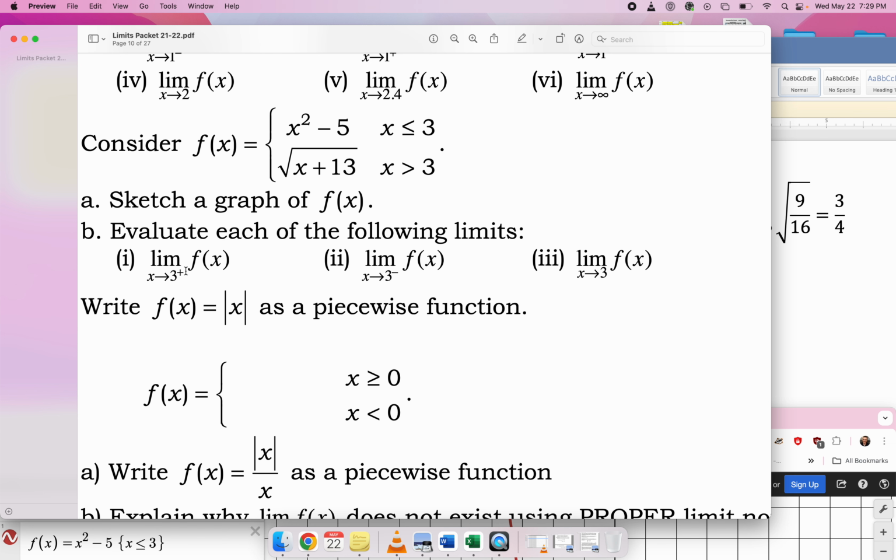That will be governed by this function. And so to evaluate this limit, you would plug 3 into this function, which would give you root 16, which is indeed 4. So that's how you see it algebraically.